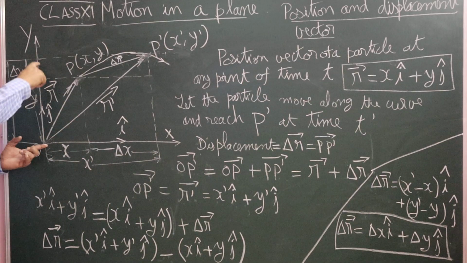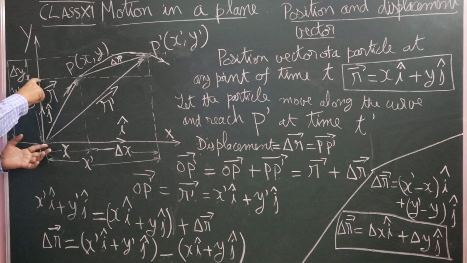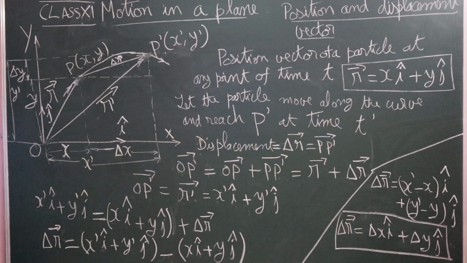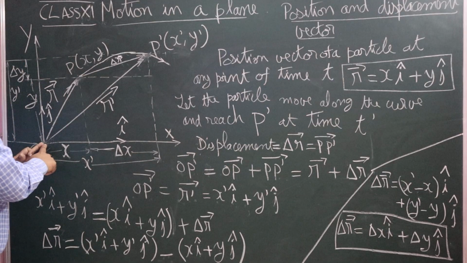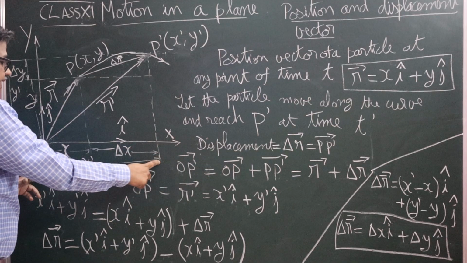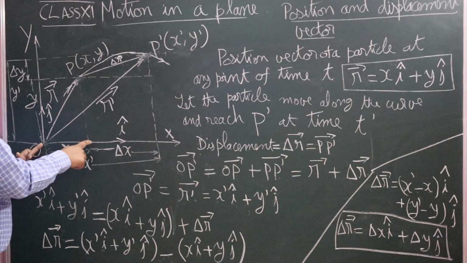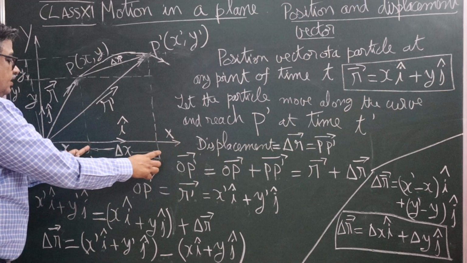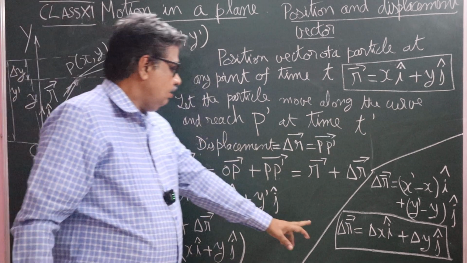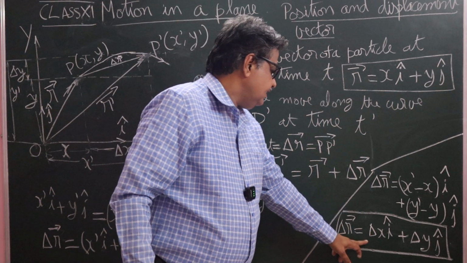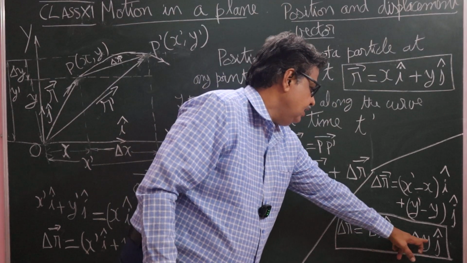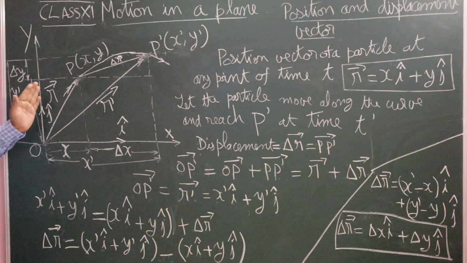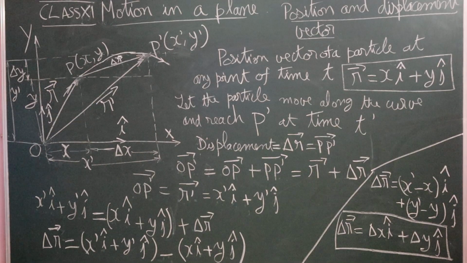From here to here is y dash, from here to here is y, so the difference y dash minus y is del y. Similarly, from here to here is x dash, from here to here is x, so the difference is del x. Therefore, del r vector equals del x I cap plus del y j cap.